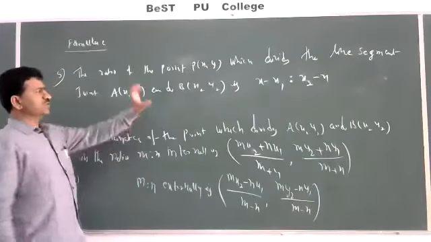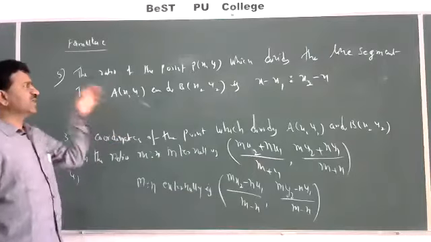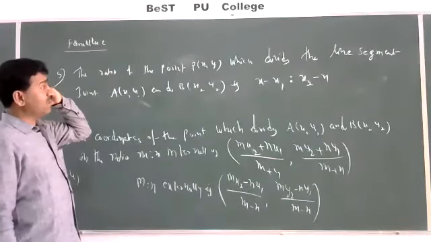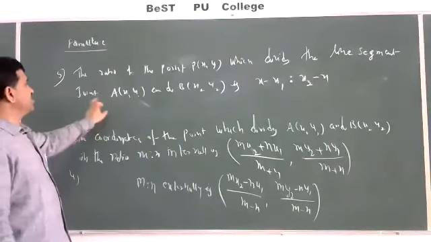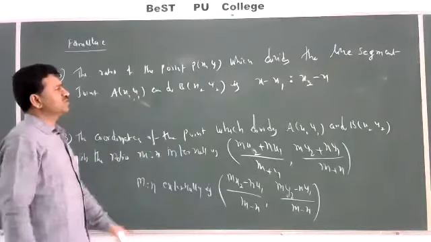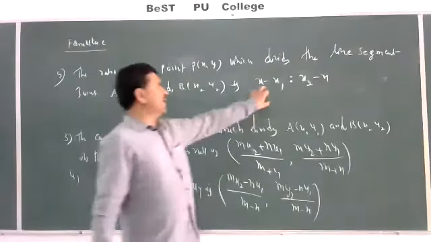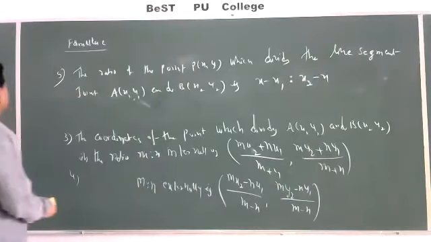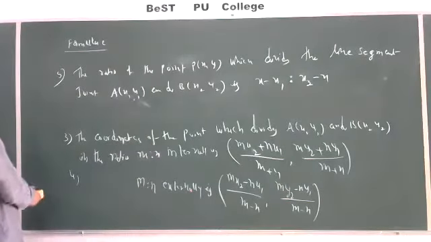If it is positive, that is internal division. If it is negative, that is external division. The ratio of the point P(x, y) which divides the line segment joining A(x1, y1) and B(x2, y2) is (x minus x1) is to (x2 minus x). Useful for objective examinations.